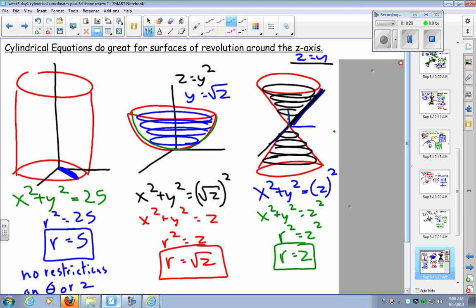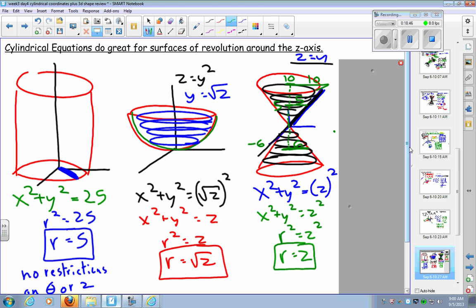What's kind of neat about this is what it's saying visually. If I go up to, let's say, 5 on the z, what's my radius? 5. Let's say I go up to 10 on the z. What's my radius? 10. Now, we might want to fix this real quick. If I go down, let's say down -6 on the z, what's the radius?